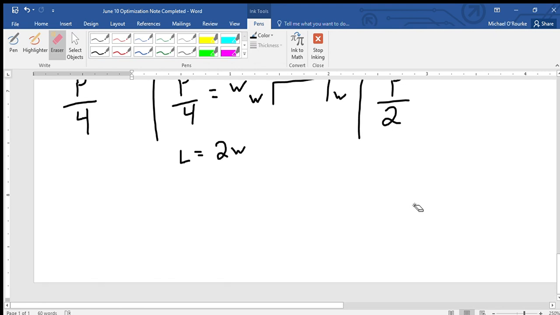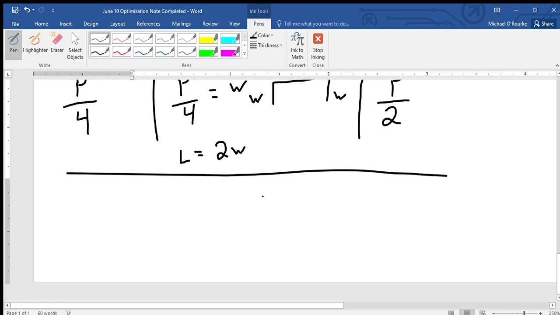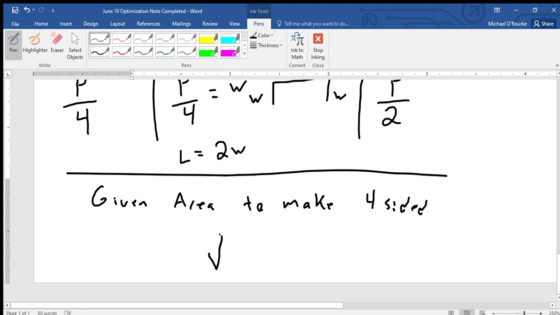And lastly, when given an area, to make a four-sided, take the square root of the area. Will give you your length and width.